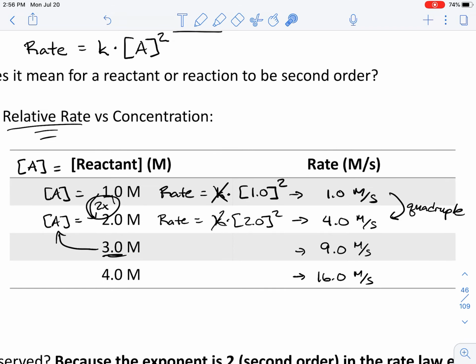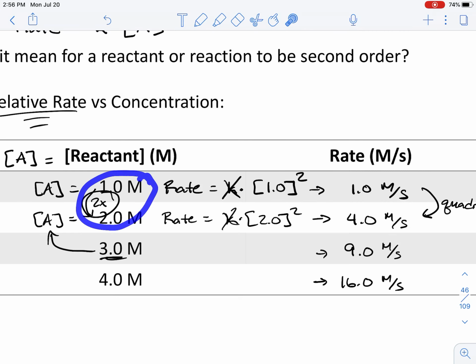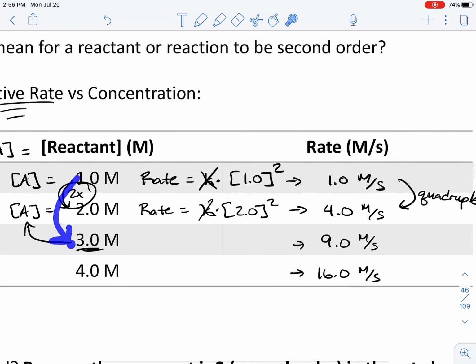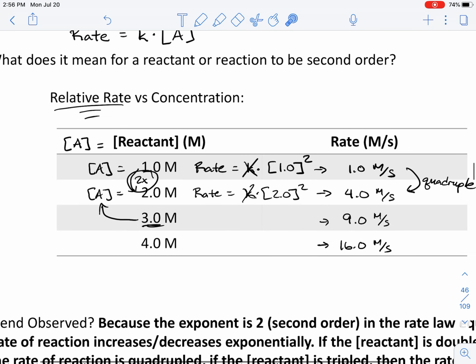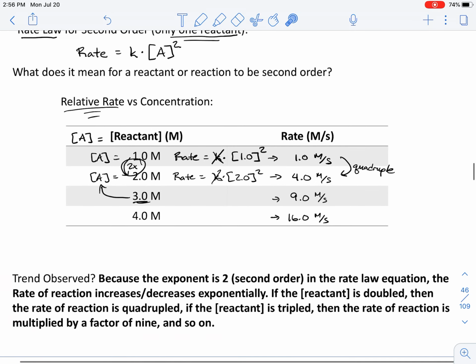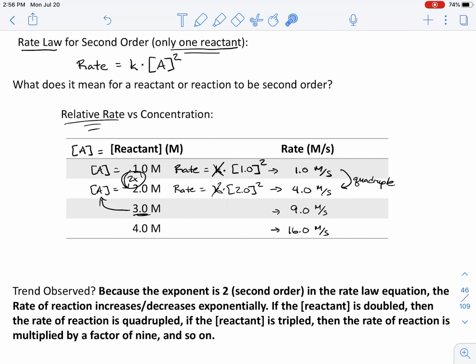For example, if we double the concentration of the reactant, we quadruple the rate of the reaction. If we triple the concentration, the rate of reaction increases by 9-fold. And if we quadruple the concentration, then the rate of reaction increases by a factor of 16. This trend is very unique to second order kinetics and is not observed in first order or zero order kinetics.